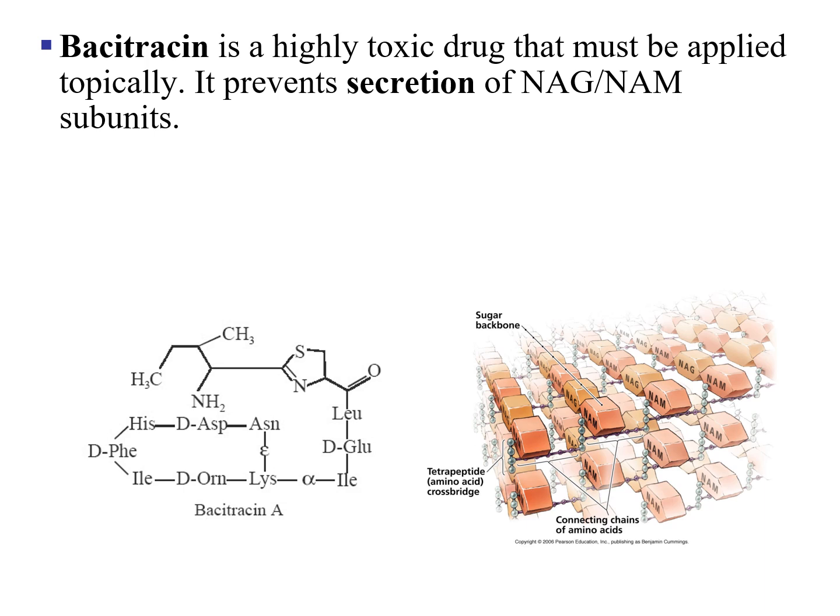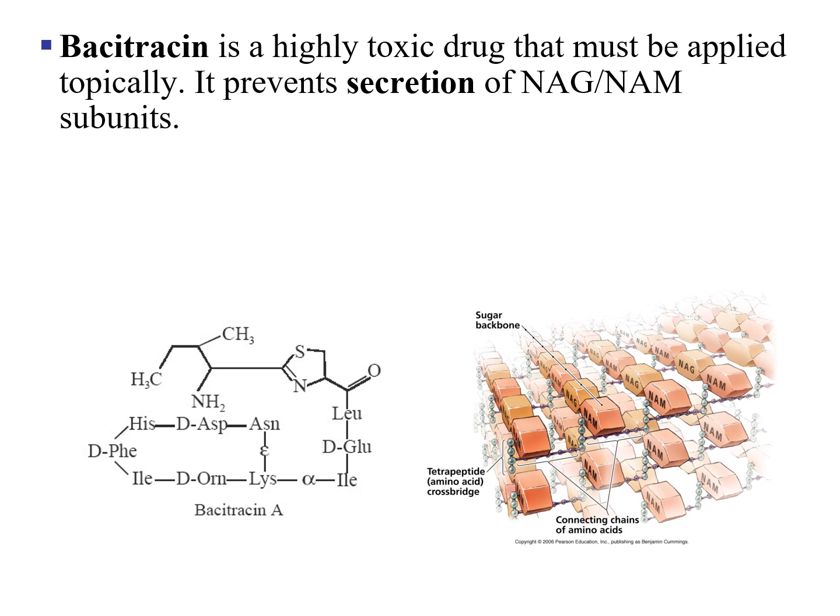The next category of drug is bacitracin. Bacitracin is a highly toxic drug that must be applied topically. You cannot consume this. This drug will prevent the secretion of NAG and NAM.